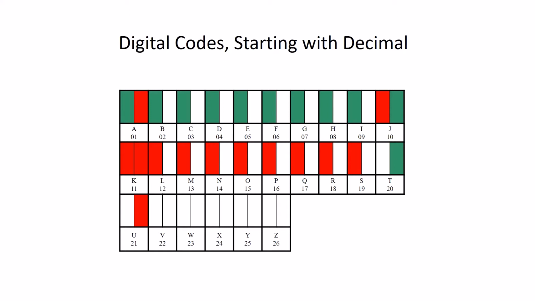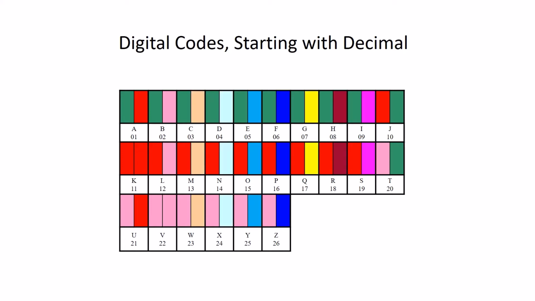So just everywhere there's a 1 gets a red color. And 2 got a light purple, well, kind of a pink. 3 got a light yellow, and so on. 4 got another color, 5 got light turquoise, 6 got blue, 7 got yellow, and 8 is magenta, 9 is fuchsia, and so on.